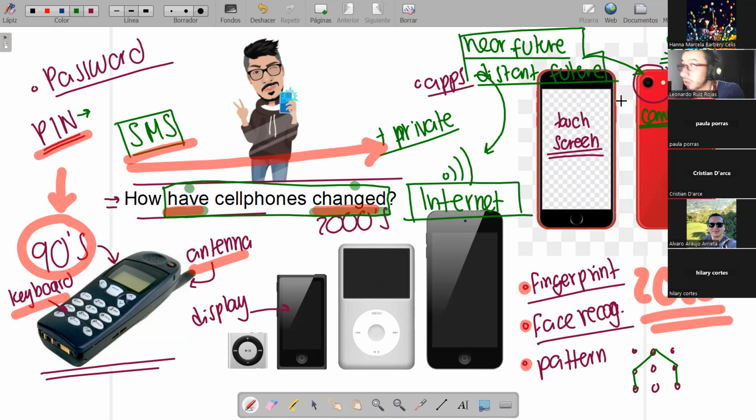So I think that in the near future, probably, as Paula said, we will have some intelligent cell phones, no? With our, like Siri, Alexa, and Google Assistant augmented, right?